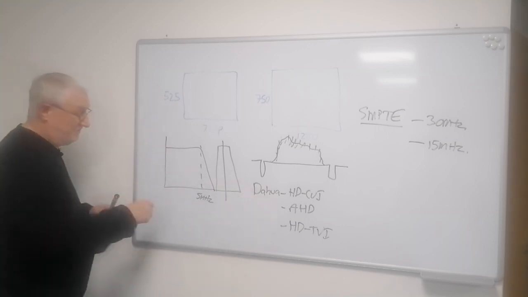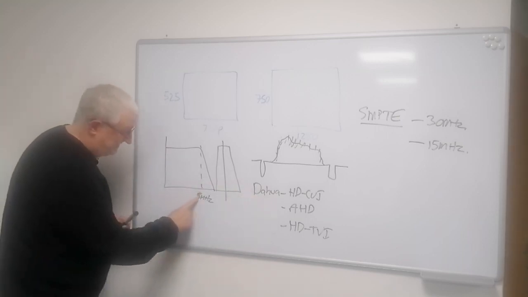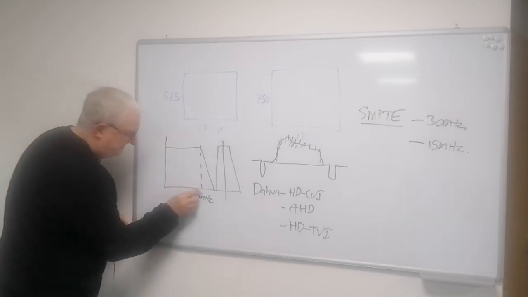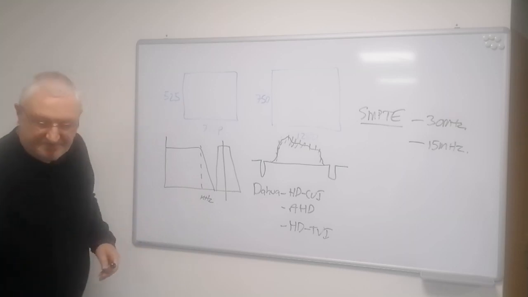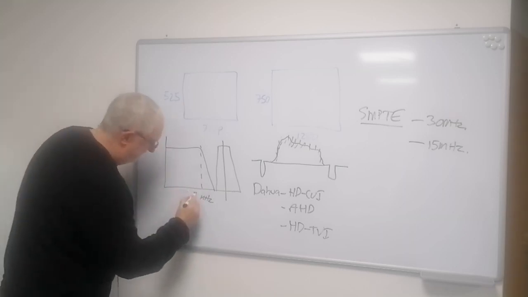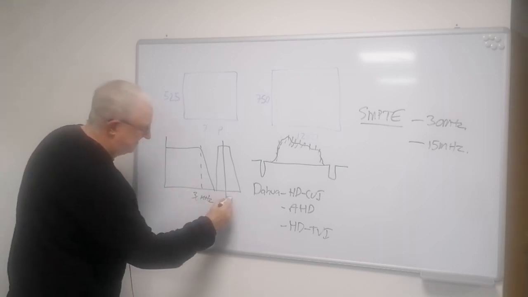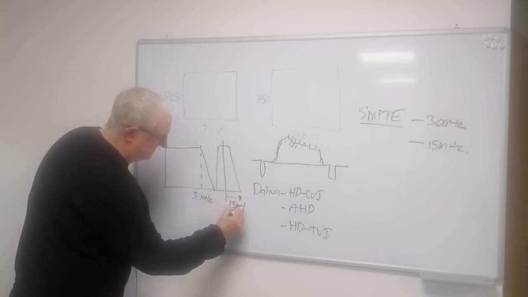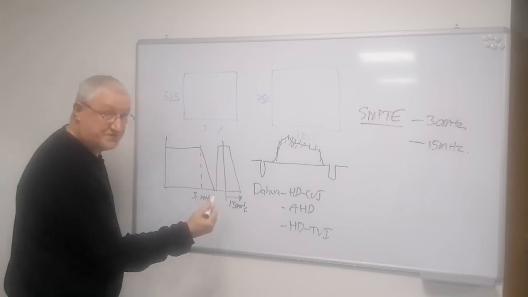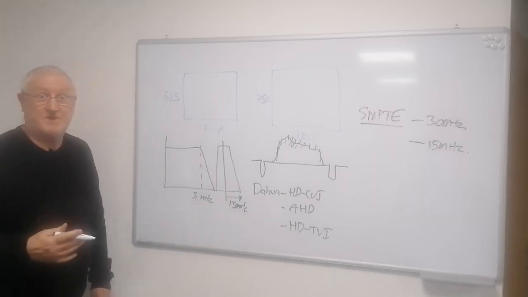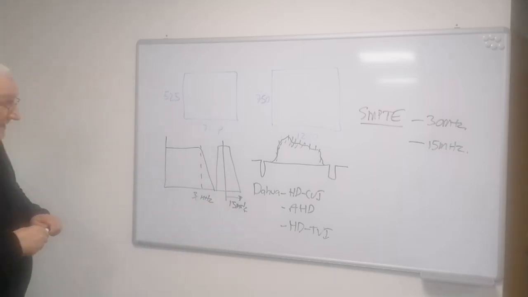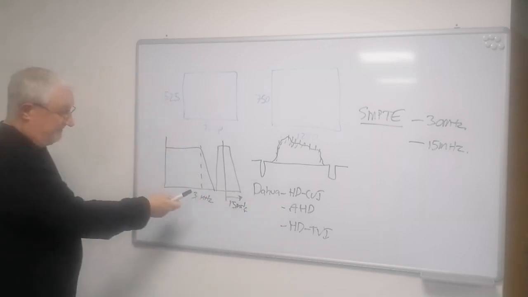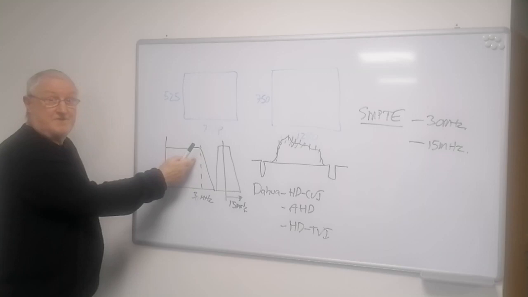But at no point did this 5 megahertz become 30 megahertz, and at no point did the chrominance become 15 megahertz from where it was for NTSC, if you remember, 1.3 megahertz. I mean, the very early versions of AHD, this was still only about 5 megahertz.